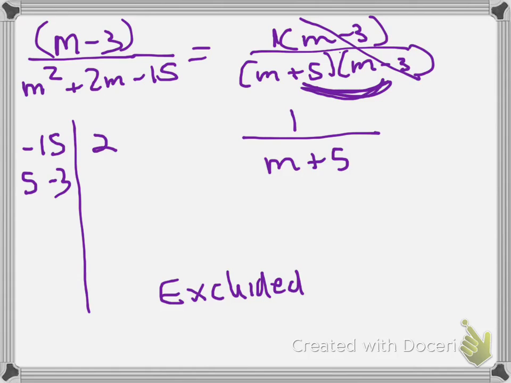So, in the first set of parentheses, we have m plus 5. To zero that out, the opposite of 5 is negative 5. So m cannot equal negative 5. And then m subtract 3, the opposite of subtract 3 is add 3. So m cannot equal positive 3.